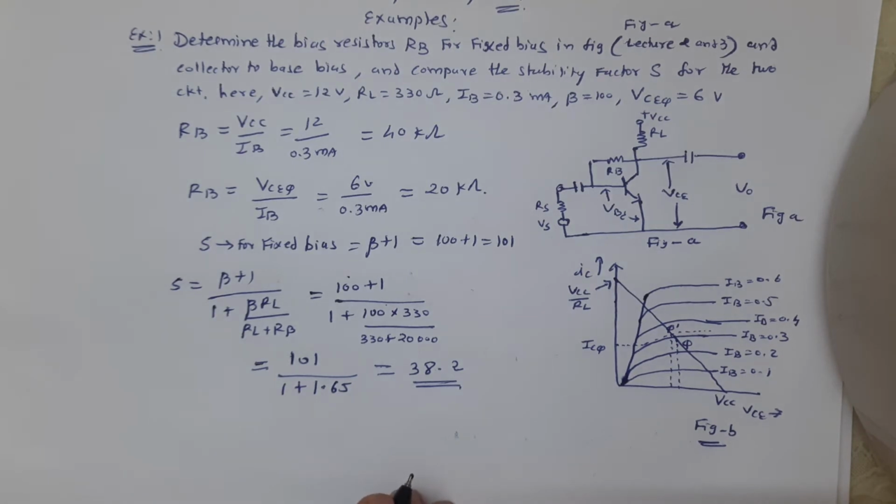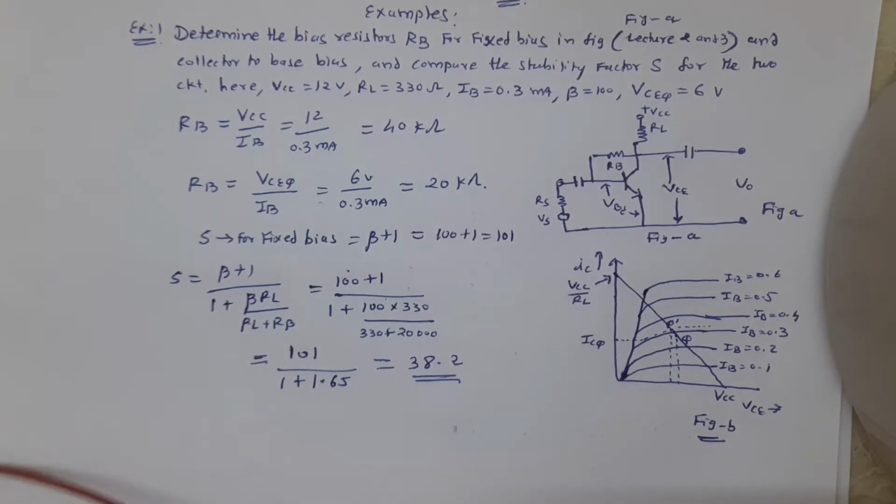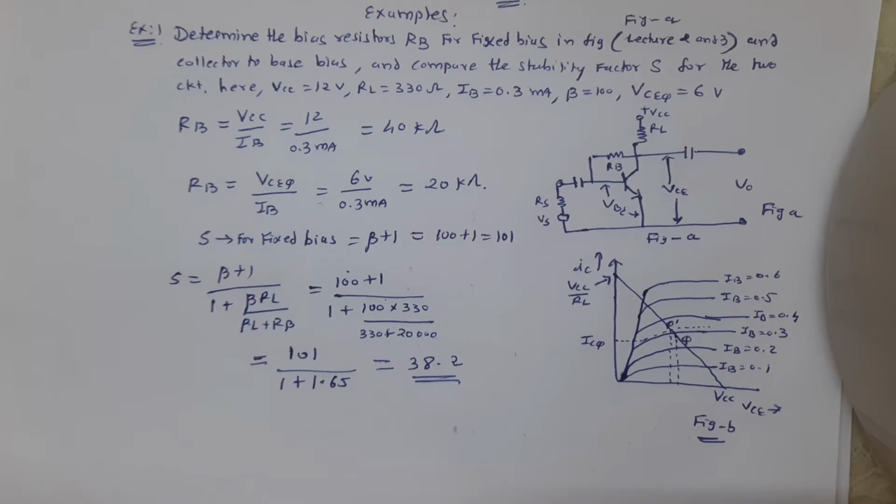This will make a considerably more stable circuit as far as variations in the Q point are concerned due to the temperature causing ICO. In this way we find out the value of stability factor S for the two circuits given here.